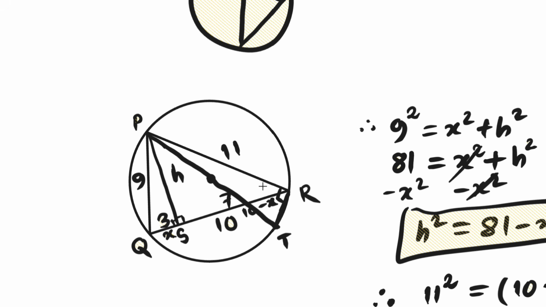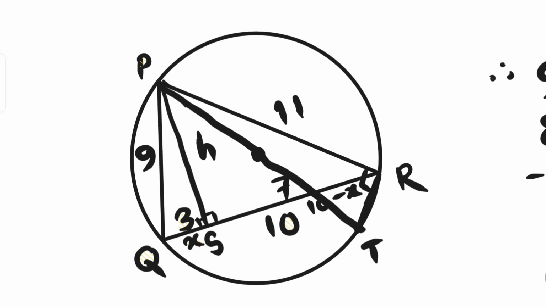We now have another right triangle that can be compared with triangle PQS. Triangle PQS has a right angle at S, while triangle PRT has a right angle at R. We also have another pair of equal angles.